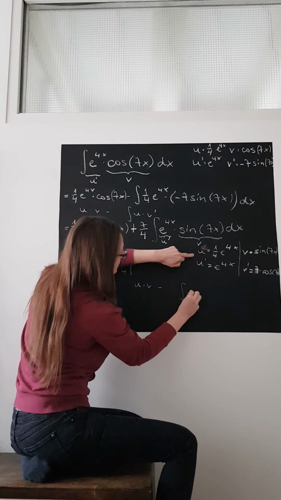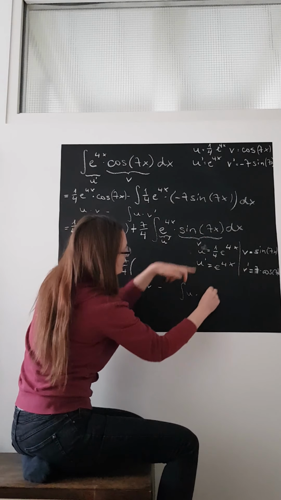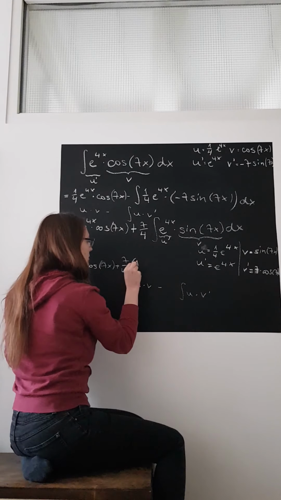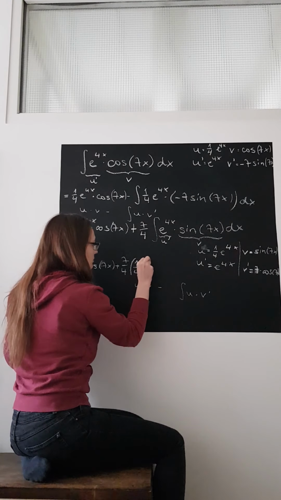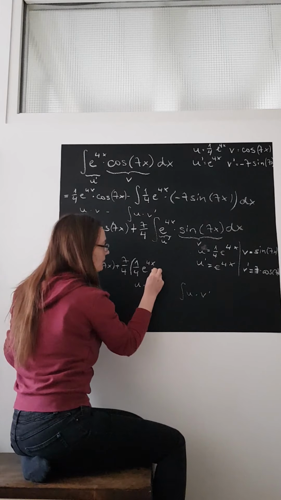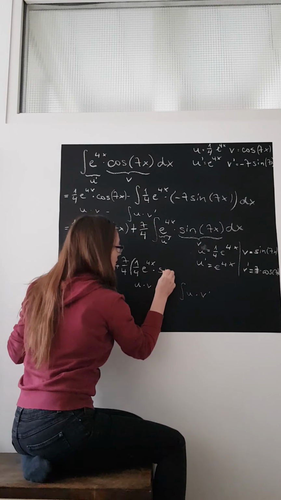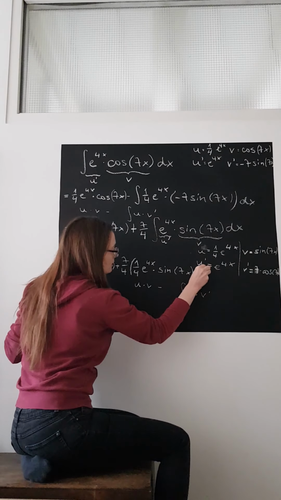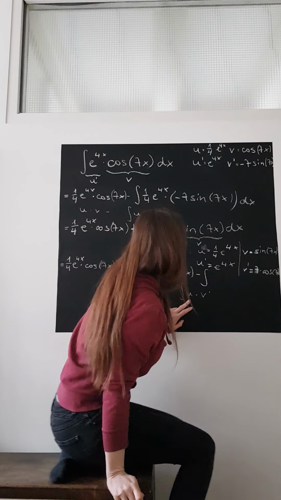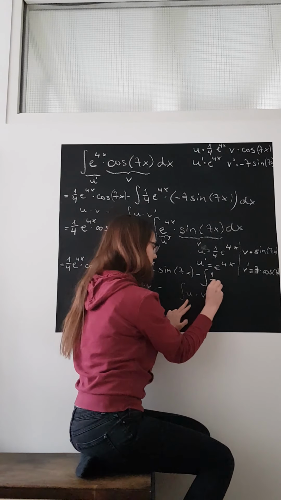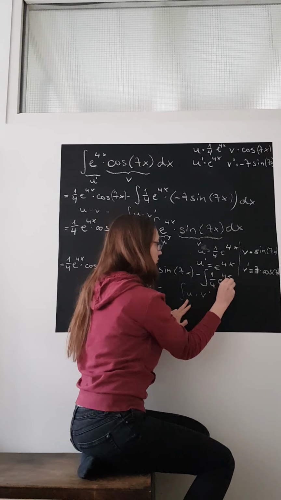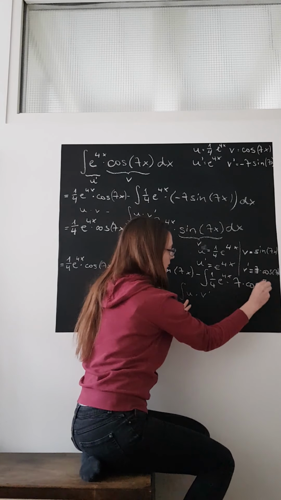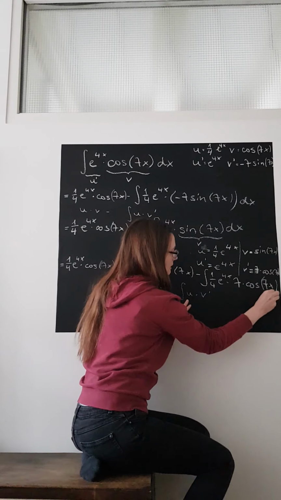So u times v, then I want to use v prime. And in our case that is a quarter e to the power of 4x times v, which is sine 7x, minus the integral of a quarter e to the 4x times v prime, 7 times cosine 7x dx.